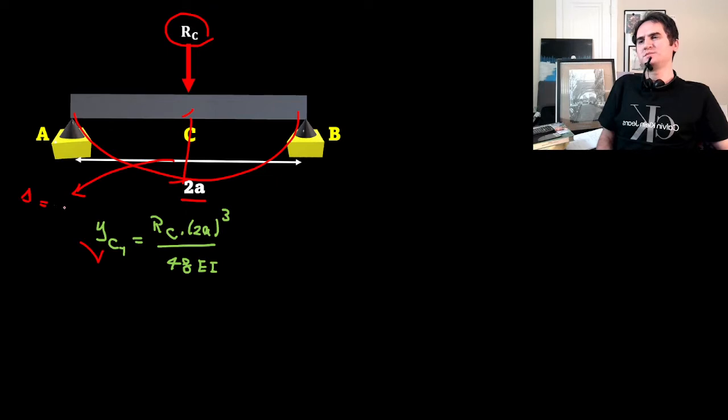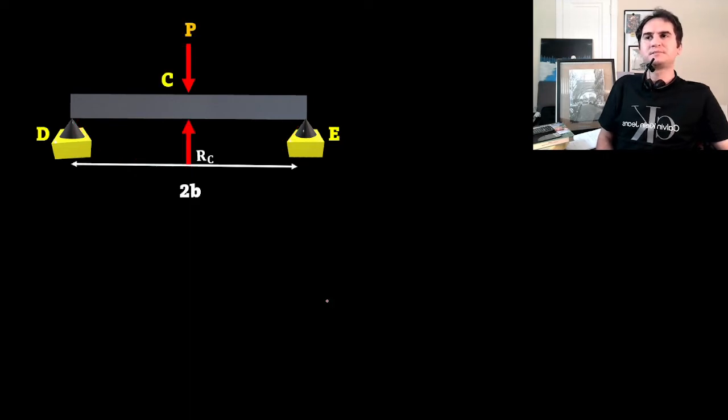Delta for such a beam is RL cubed over 48 EI. Our reaction is RC, our length is 2A.